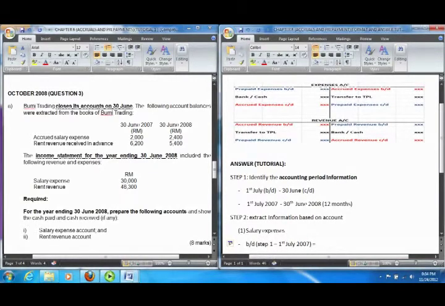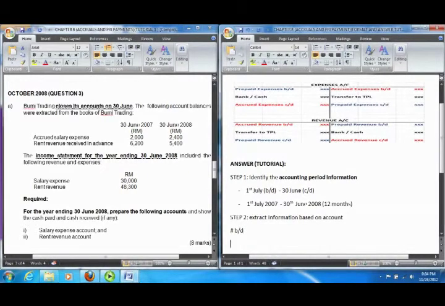So what is the amount of your BD? As I told you, class, remember, you need to have 4 pieces of information. In this case, the first information you need to know is your BD.